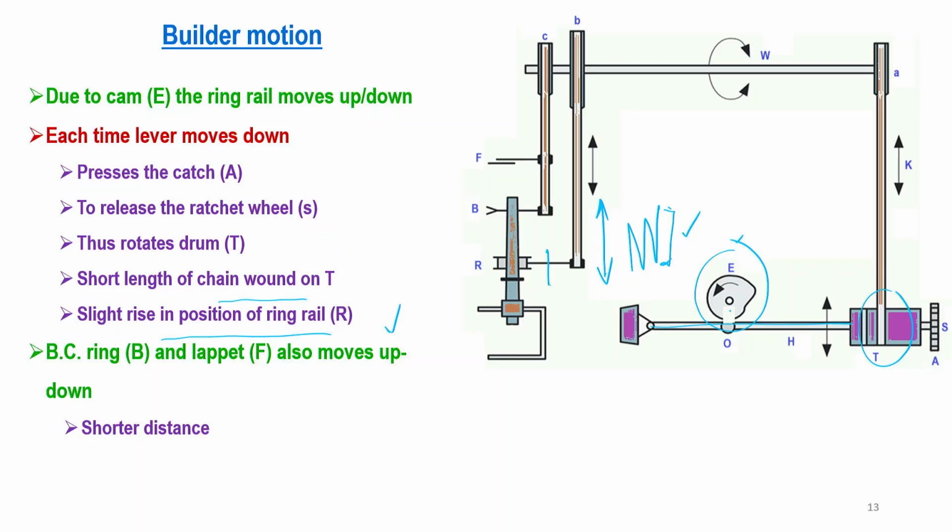If we have finer yarn, we need a small, slow lift, and for coarser yarn we need to move fast, permanent shifting should be fast. So, that is done by the size of the ratchet wheel.